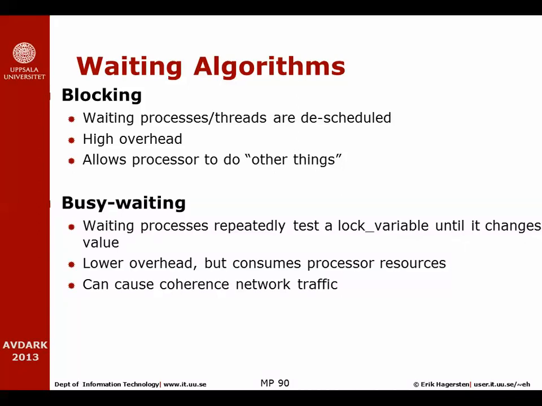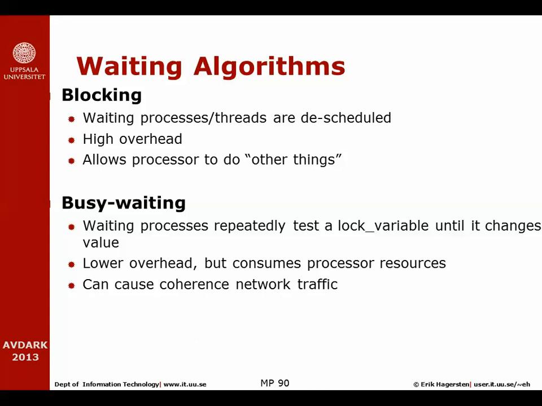Busy waiting is used if the critical section you're waiting for is supposed to free up fairly soon, in nanoseconds or maybe up to microseconds, probably not milliseconds. That means you actively wait for that critical section to become available by testing some location in memory over and over again.